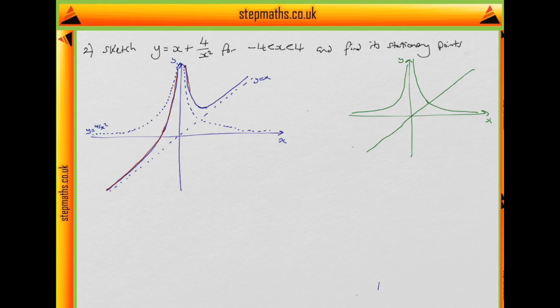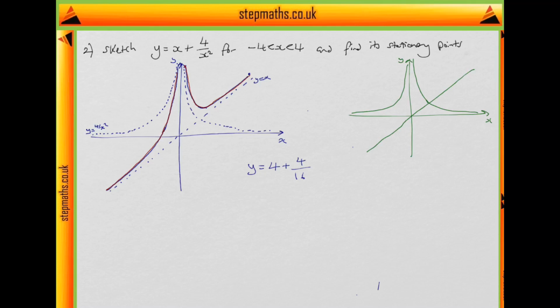and then like this. And then we're asked to do it in the region of minus 4 to 4. So we need to find the endpoints for a start. What is it at x equals 4? Well, y equals 4 plus 4 over 4 squared. That's 4 over 16, so that's 4 plus a quarter, so that's 4.25.